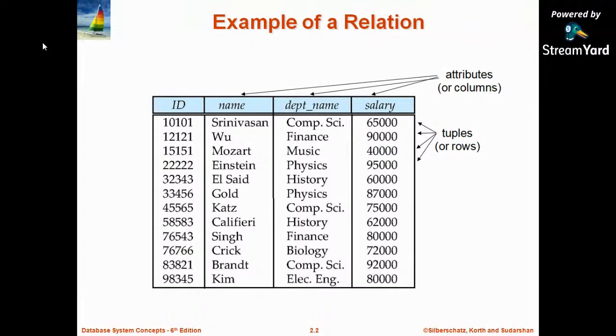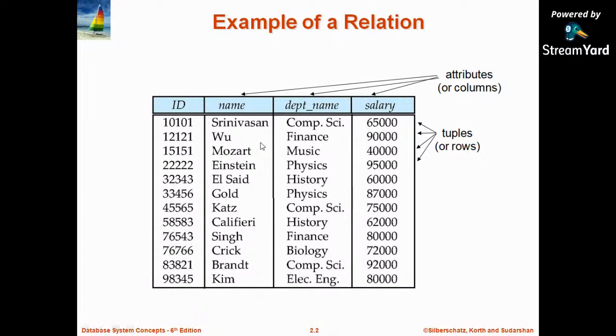In the relational model, you can represent the data in the form of a relation. The relation is a table which consists of rows and columns, and you can store the data in the form of a table like this. One row is called a tuple, and the attributes are called columns, and the combination of attributes and tuples is a relation.